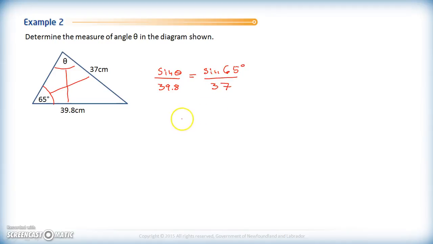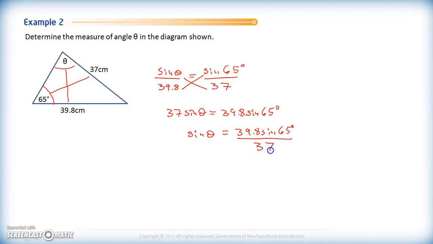Over 37. So all I have to do now to find theta is do my cross multiply dance again. I've got 37 sine theta equal to 39.8 sine 65. Then I divide both sides by 37, and I end up with sine theta equals 39.8 sine 65 all over 37.